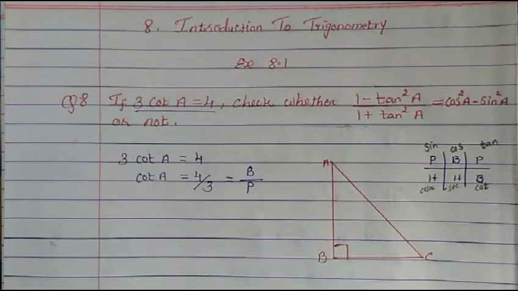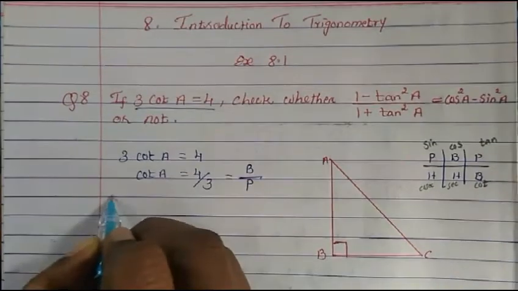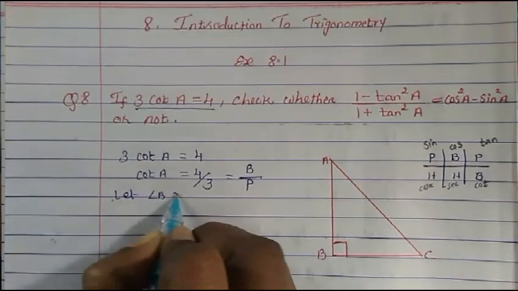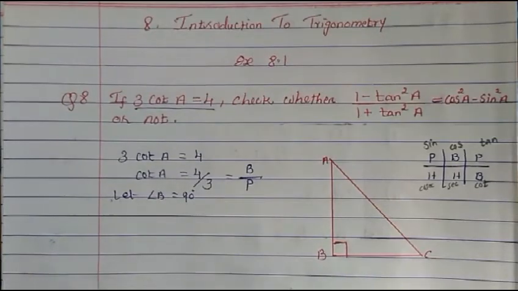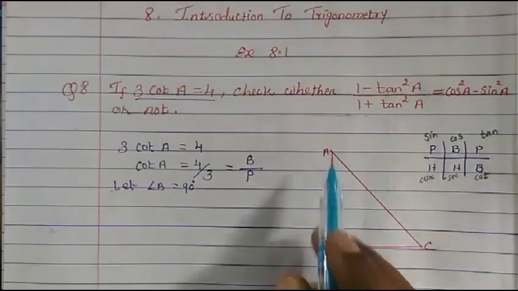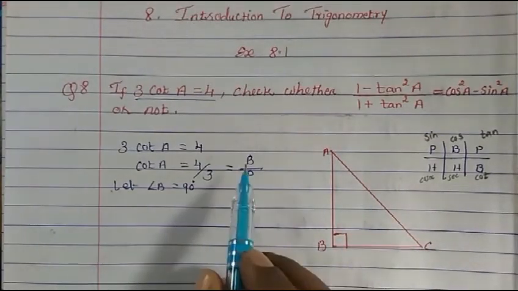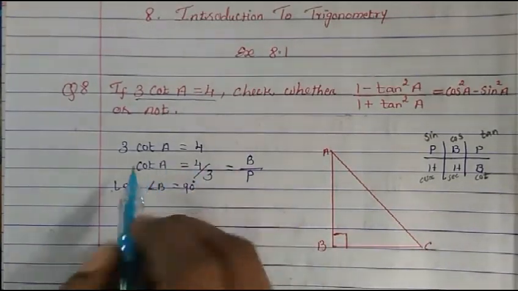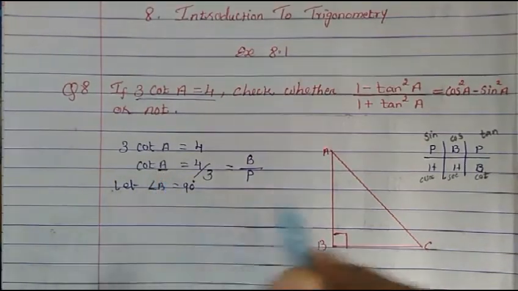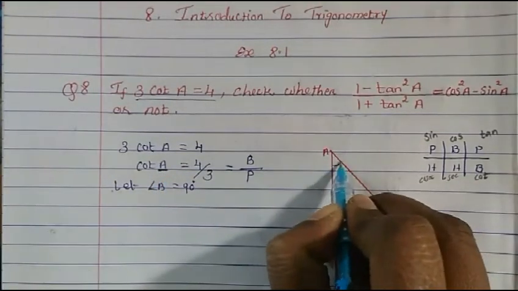Let angle B be 90 degree and we take C. Then A and C become acute angles. Now we have named it ABC. Since it is cot A, theta is A, so theta will come on A.